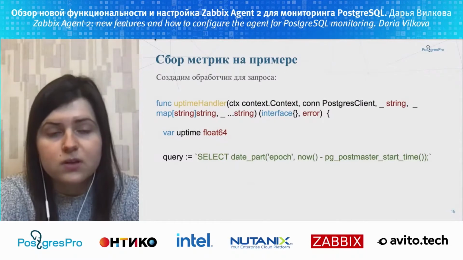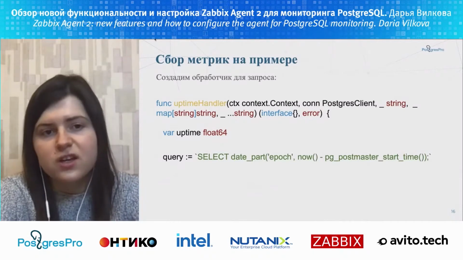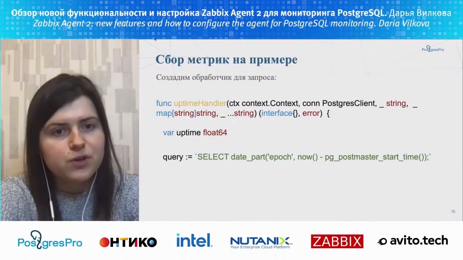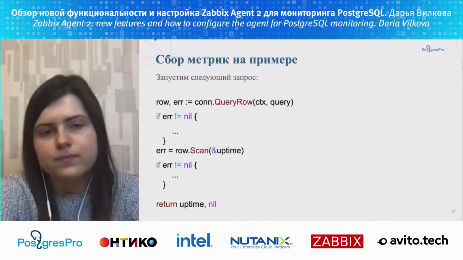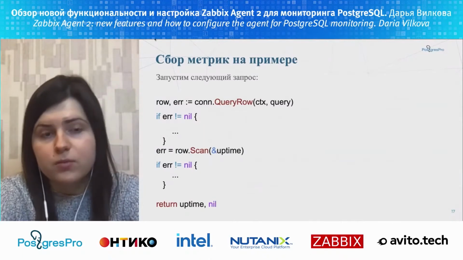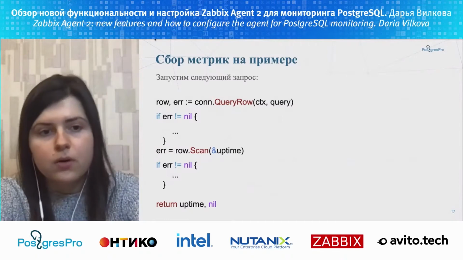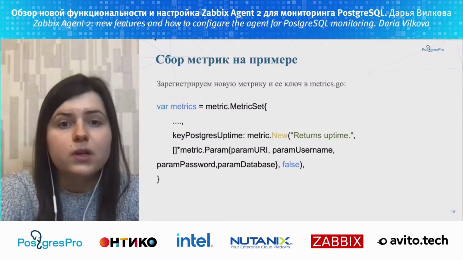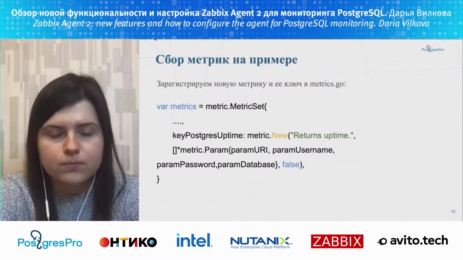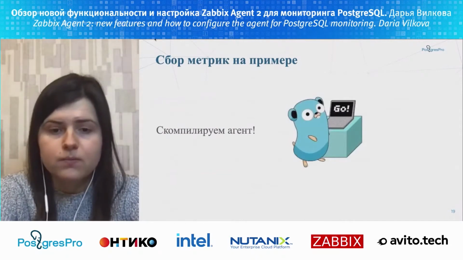And finally, I specify the query itself. Here you need to know that you can transfer additional values via the handler that can be used further in the query itself. Now I perform the query, check the results for errors, and return the obtained result. We only need to register the metric in the metrics core file, and now we can compile the agent.